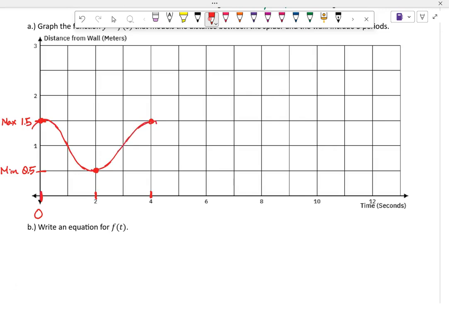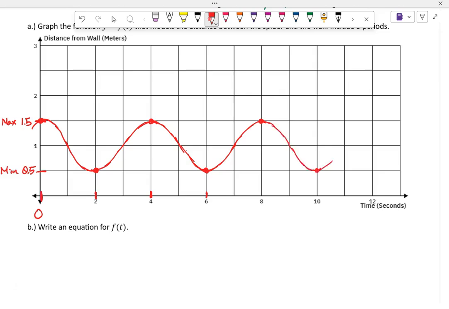Can I continue to draw our graph? Let's do so. Where am I going to be at 6? Should I be back at my minimum? All right. When would I hit my maximum again? At 8. Where would I hit my minimum again? 10.